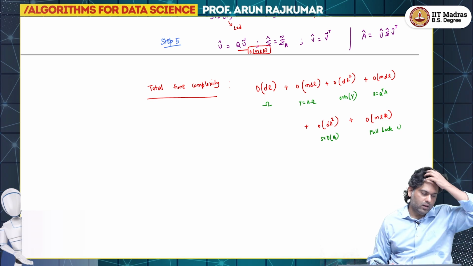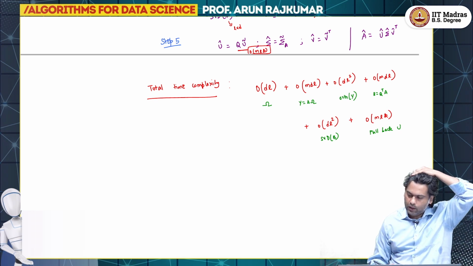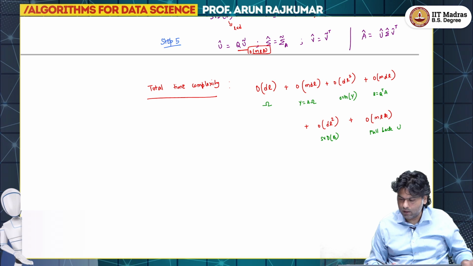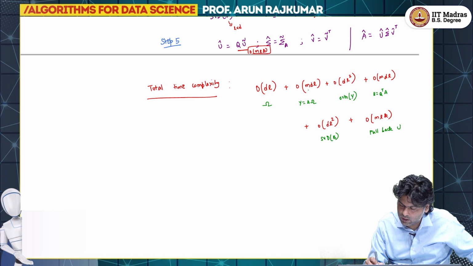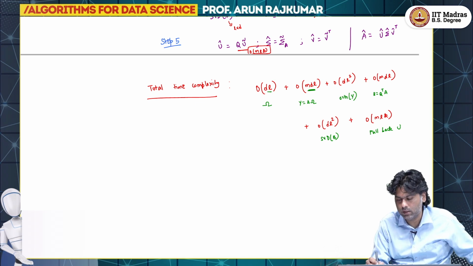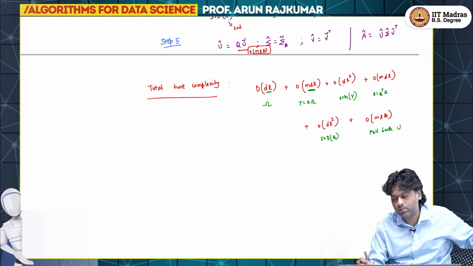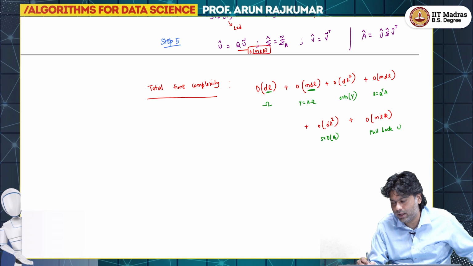So now if you look at the dominating terms here, dL, of course, and this mdL, there is an extra m, so this is going to dominate over the dL, so I don't have to worry about this. Now of course m is much larger than L, so dL squared is also going to be smaller than mdL.